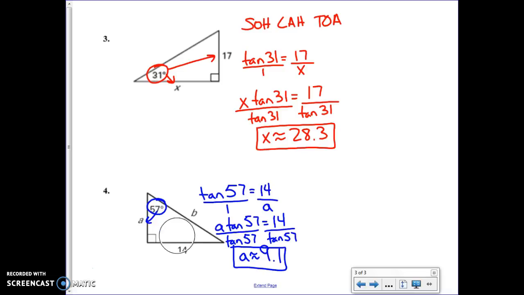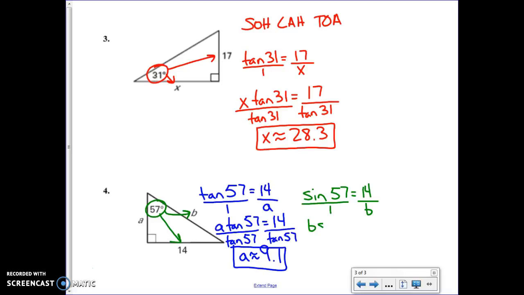All right, I'm going to erase these blue arrows. So I'm starting with 57 again, but this time I'm going to deal with B, and I still need a number. So my B value is my hypotenuse, so I know I'm either using sine or cosine. And then 14 is opposite. So opposite and hypotenuse are sine. So I have sine of 57 equals 14 over B. Again, over 1, cross multiply.